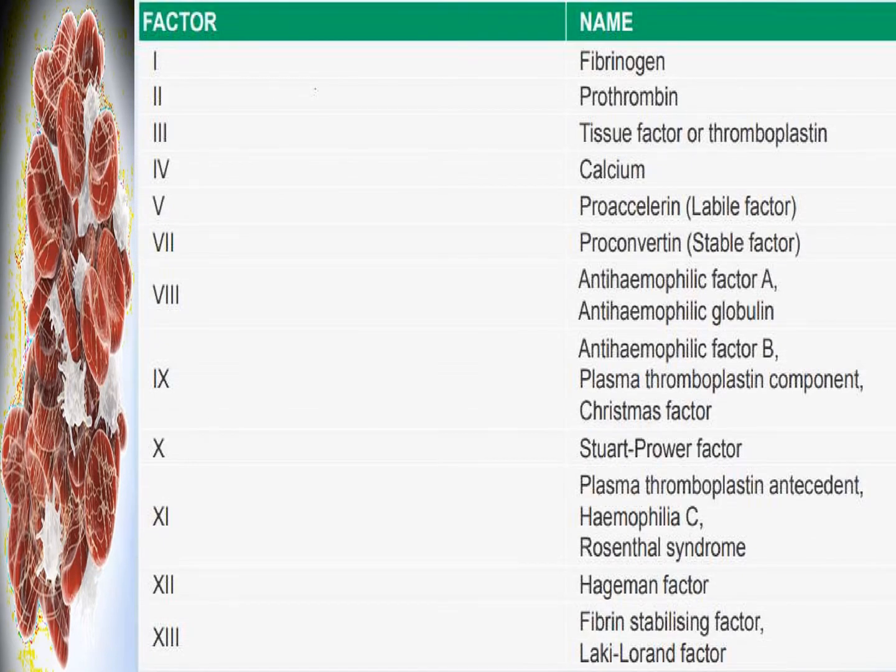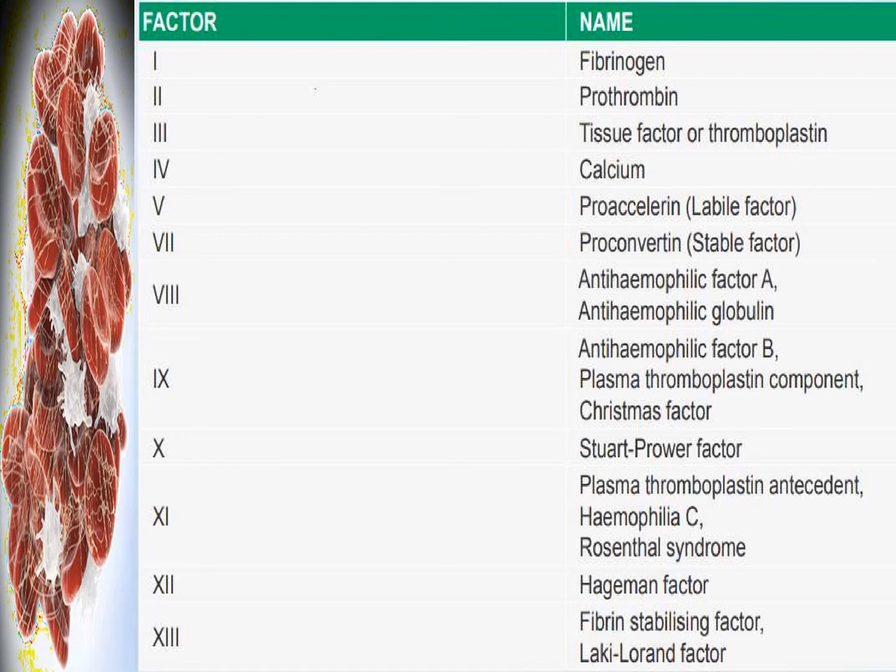Here I summarize the names and numbering of the factors which participate in the process of coagulation. Just see in this chart, the actual number of factors is 12, but we numbered these factors up to 13. Here see the sixth is not there.